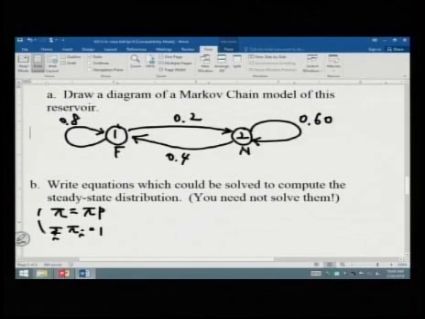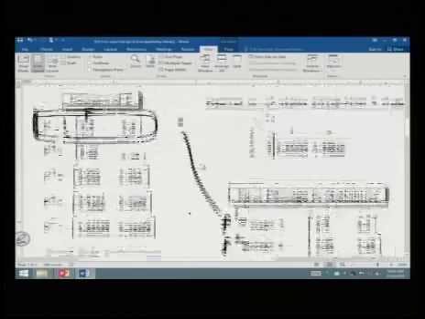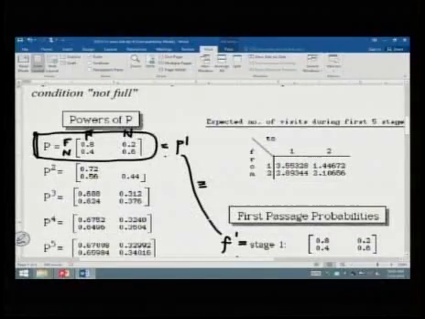So first, pi 1 should be pi times the first column of this P matrix. So it's got to be 0.8 times pi 1 plus 0.4 times pi 2.